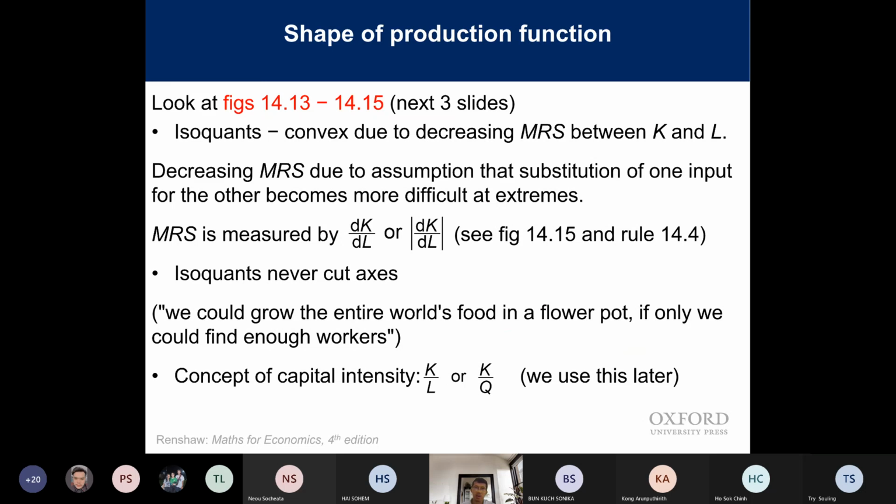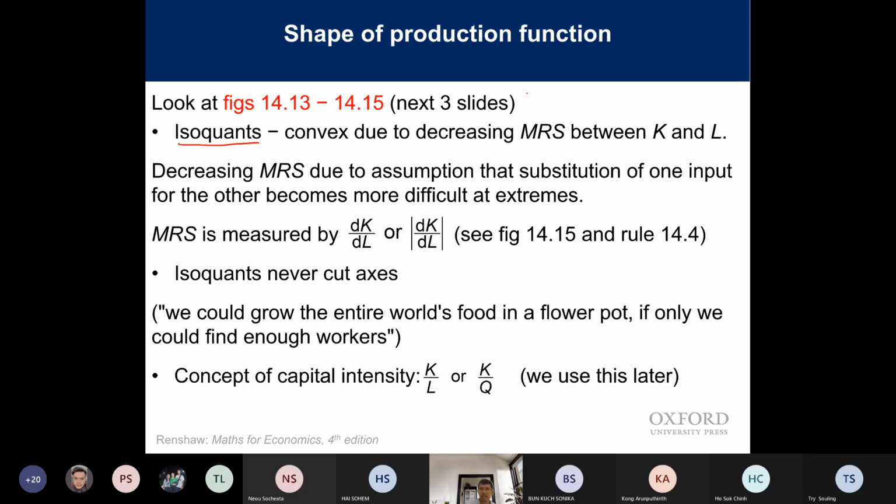So what is the slope of the production function? When it comes to application, you may use the production function as a function of two variables, K and L, capital and labor. And we define what is meant by an isoquant. So what is an isoquant?